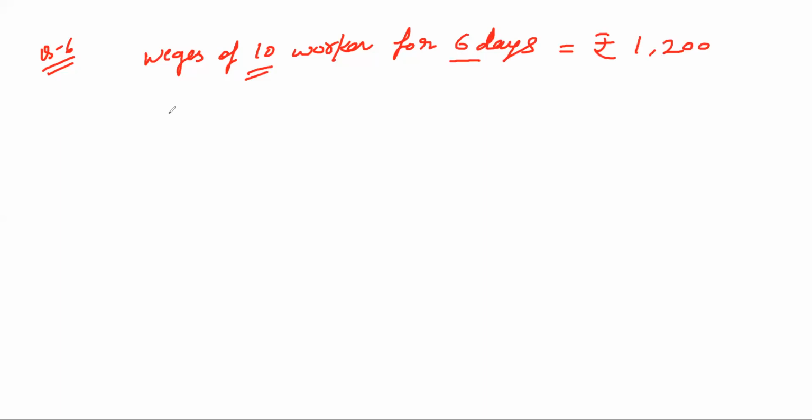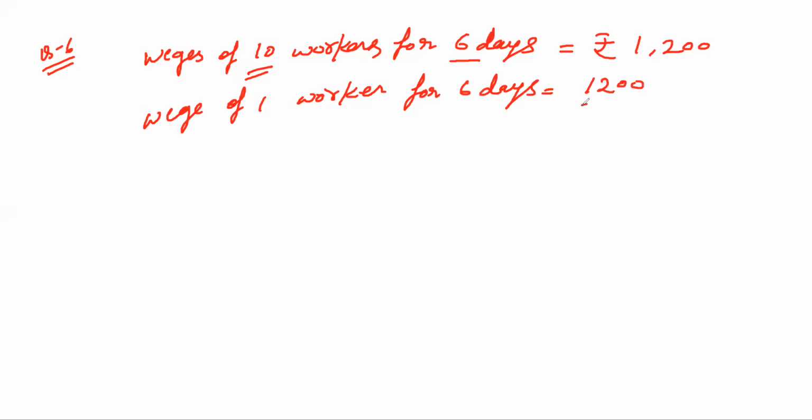So wage of one worker for 6 days is equal to rupees 1,200 divided by 10, 120. Here this is the wage for 6 days of one worker.